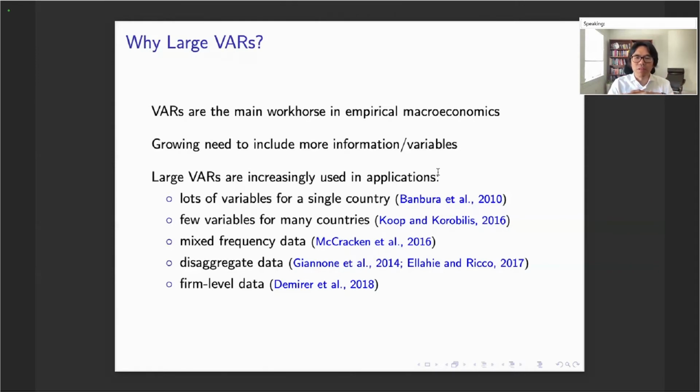Sometimes you might be interested to study contagion in a network setting. For example, a bank network, then the application would require you to at least include most of the major banks. So there are a few examples where you would need to consider a lot of variables.